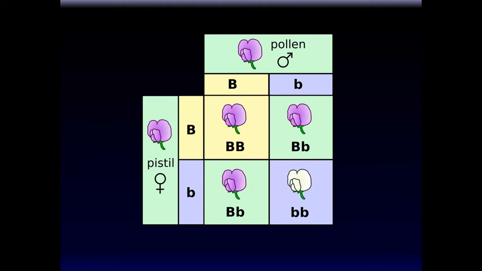Now, in plants, what does it mean to have fathers and mothers? Plants don't have fathers and mothers, right? Pollen is the male genetic material of a plant, so you would put the pollen genes over here, and the pistil, the female component, would be listed over here.